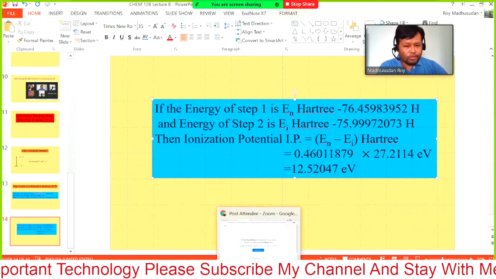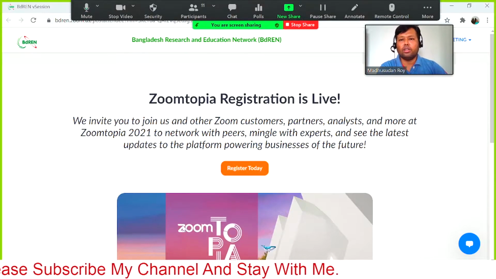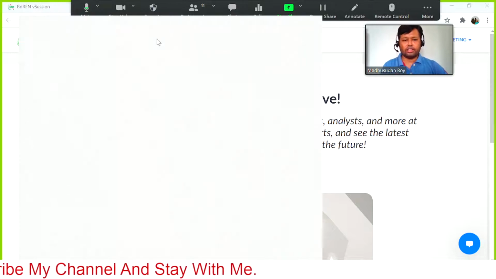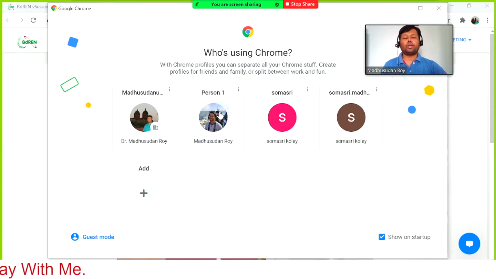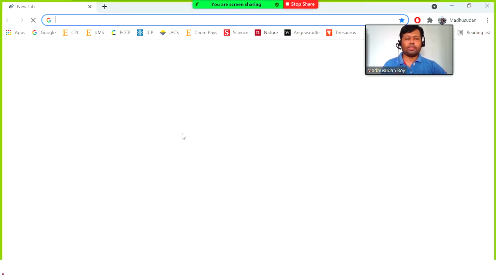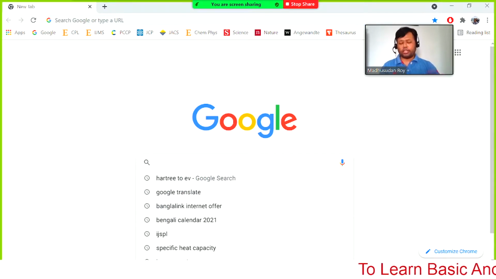So I will show you a reference to check. I need to go to another website where you can find the ionization potential of water. Does any of you have an idea of exactly what the ionization potential of water is?